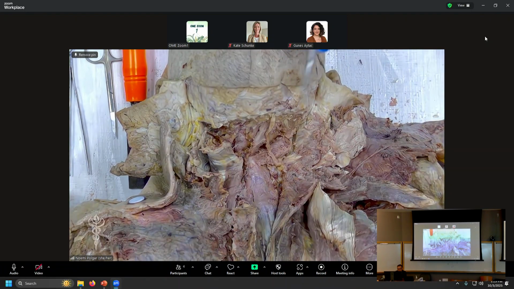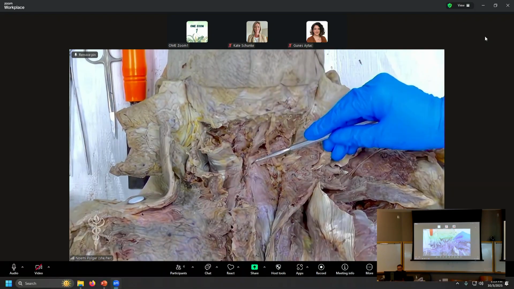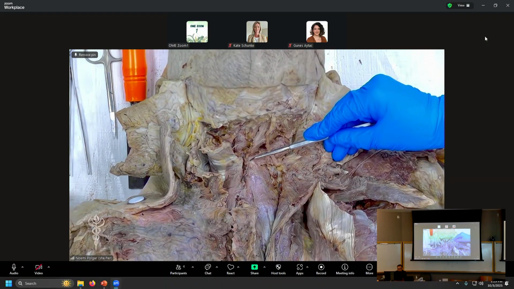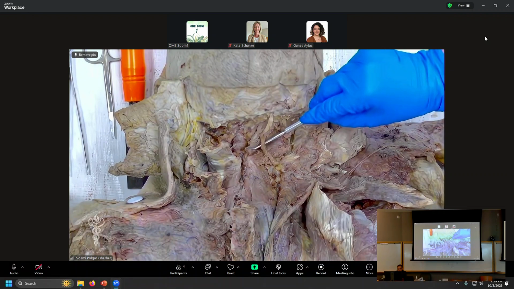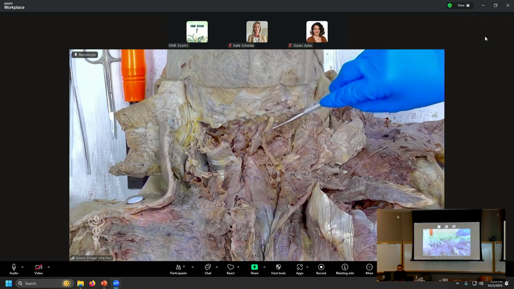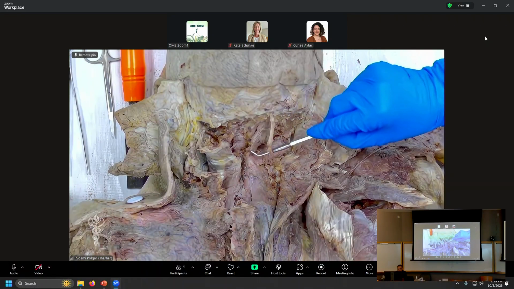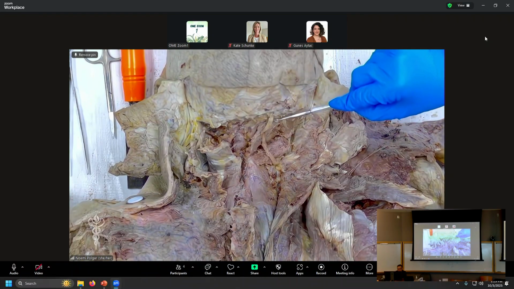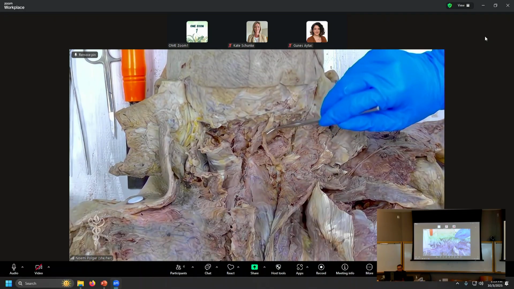Okay, coming back to the center, the C2 spinous process that we've been talking about, there's another muscle that's coming off of it, and it's the rectus capitis posterior major. And that's this large muscle here, and that's going from the spinous process up a little bit at an angle to the base of the skull, okay? Rectus capitis posterior major.